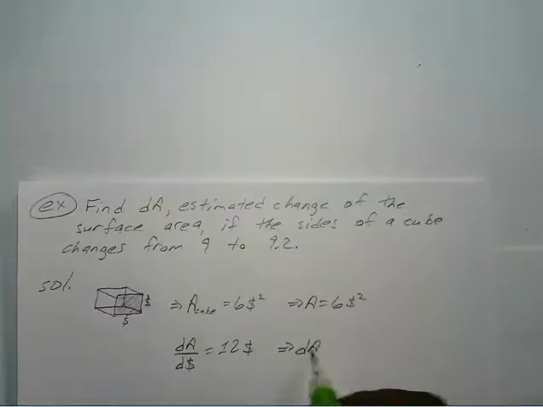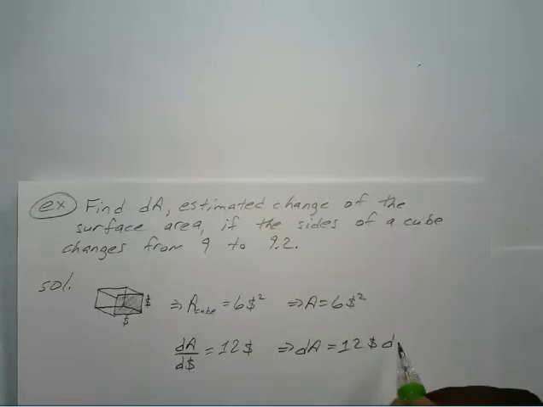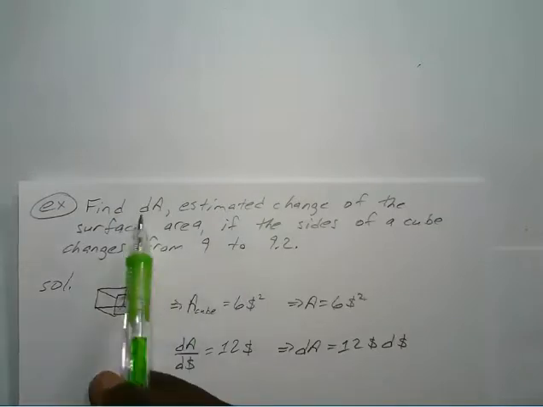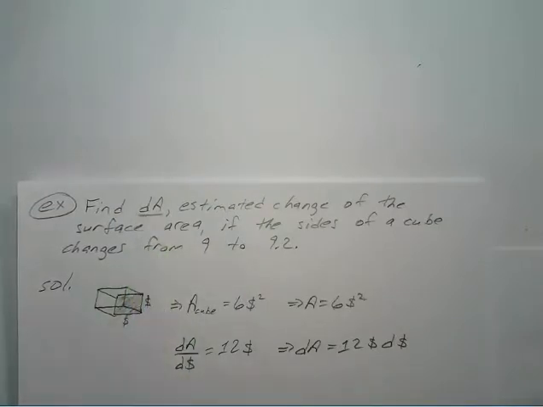So our change in the area is equal to 12S dS. Now we can find our estimated change of surface area, but the only thing missing is we don't know what S and dS are. So we have to find S and our change in S.